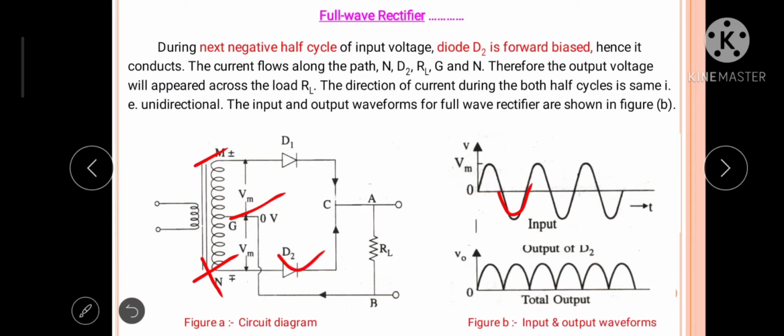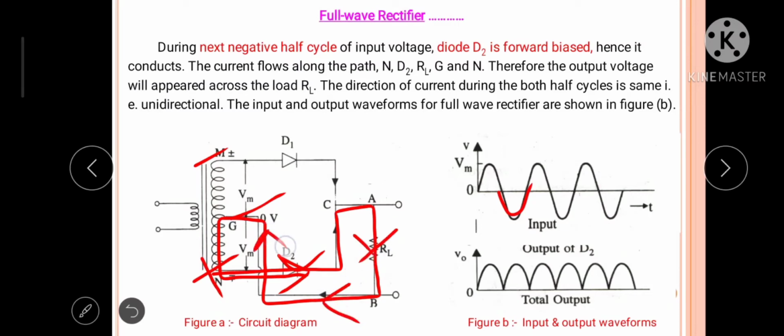The current will flow along the path from point N, then through diode D2, then through load RL, and then it will continue its path through point ground G. Through the load it will flow from top to bottom.